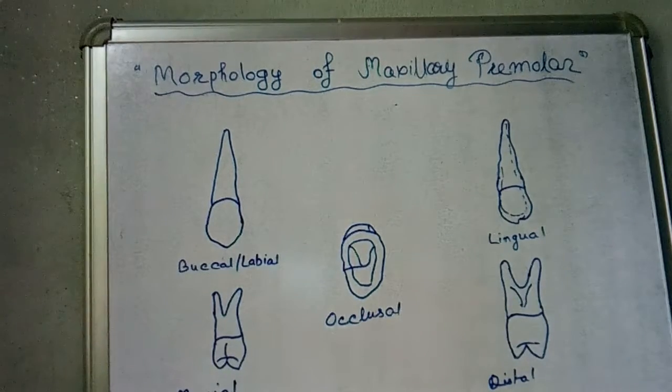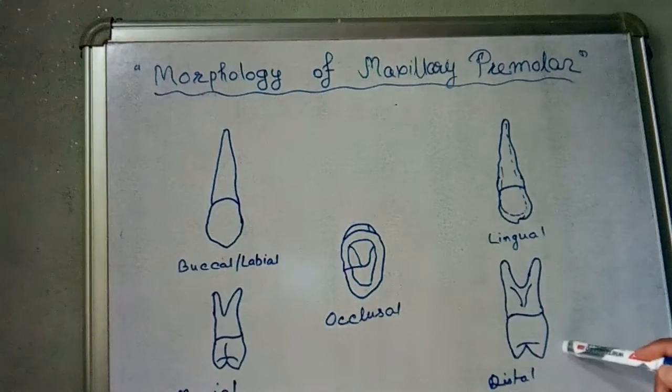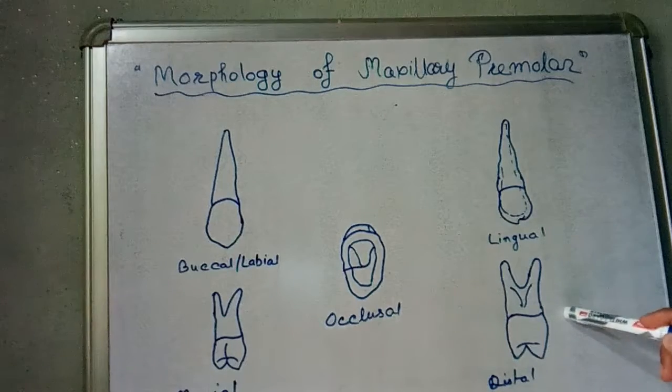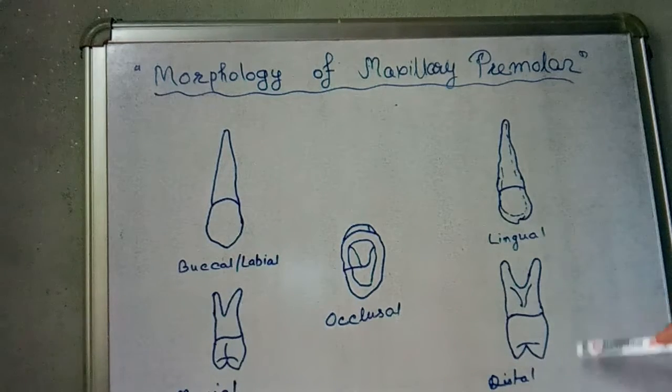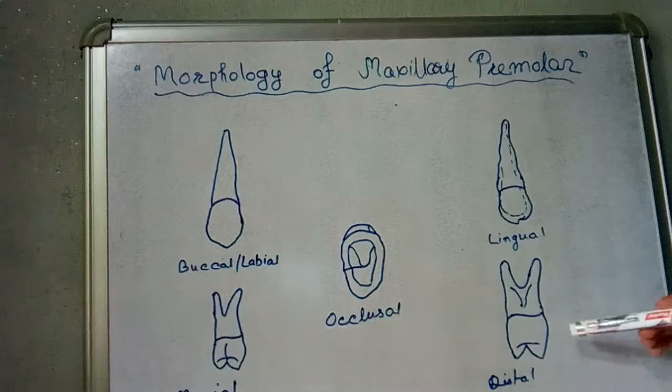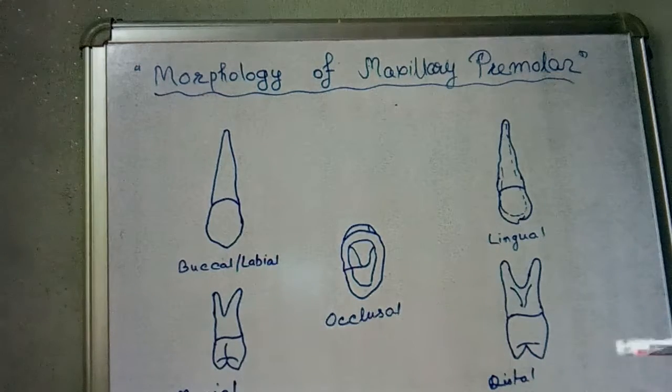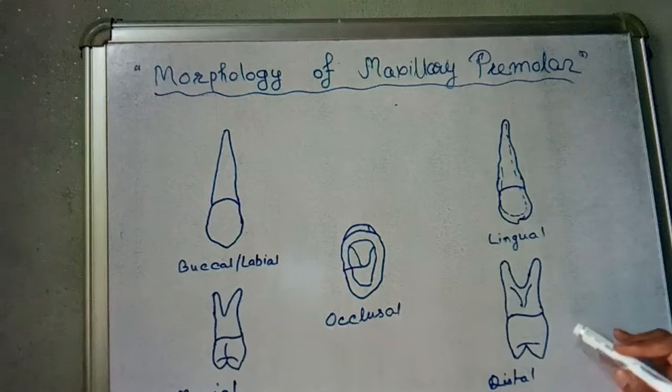Now this is the distal aspect of the maxillary premolar. The crown surface is convex at all points, and the curvature of the cervical line is less on the distal than on the mesial.